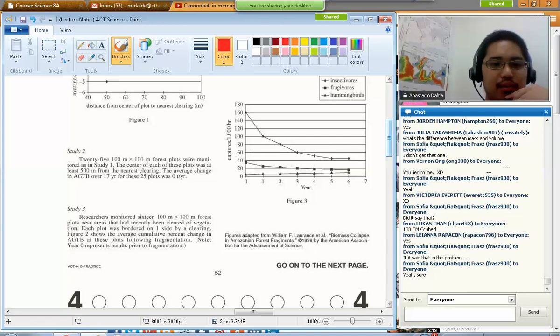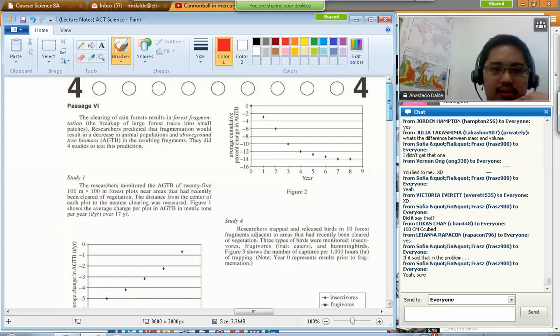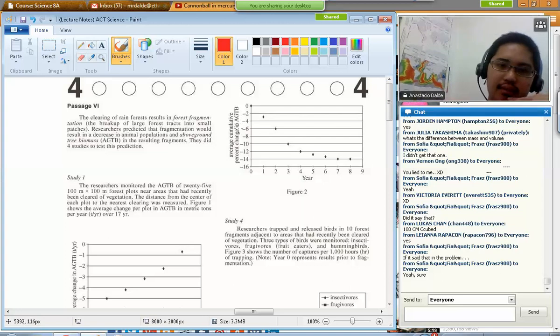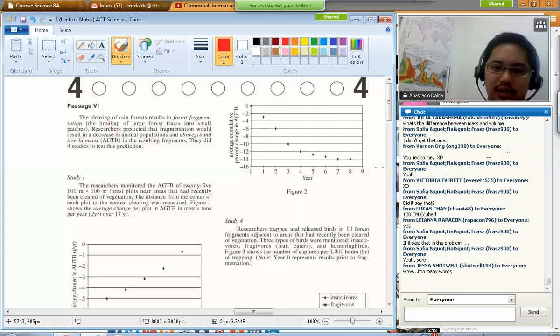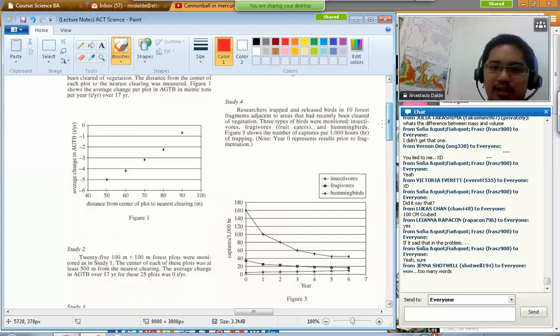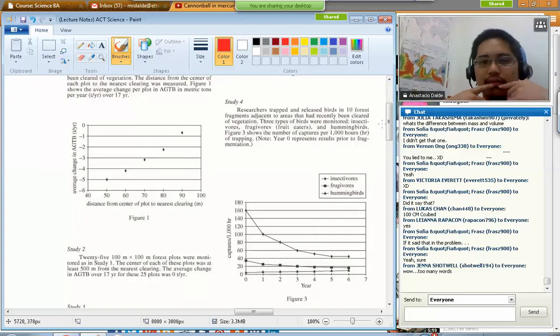Each plot was bordered on one side by a clearing. Figure 2 shows the average cumulative percent change in AGTB at these plots following fragmentation. Okay, so that's figure 2. It's the average cumulative percent change in AGTB per year. I have no idea what I'm talking about here, but let's finish this off.